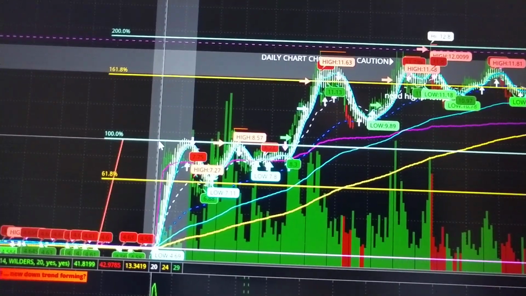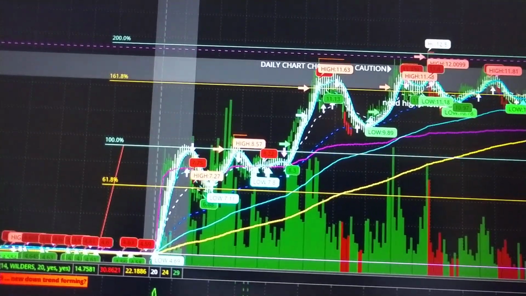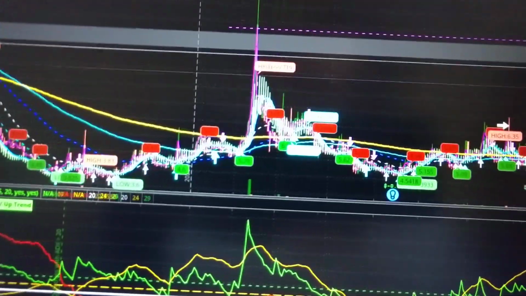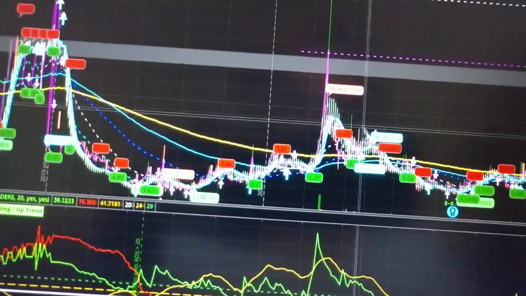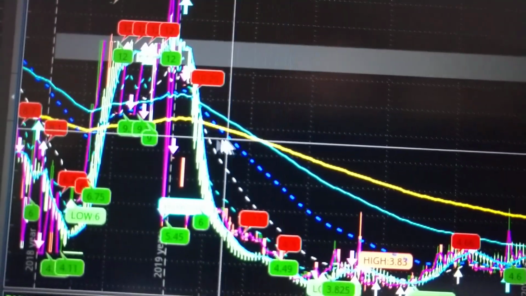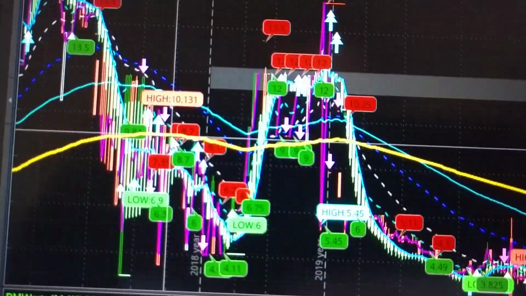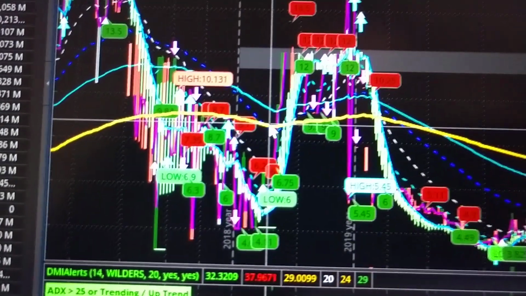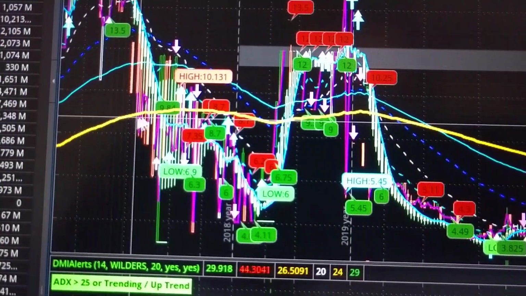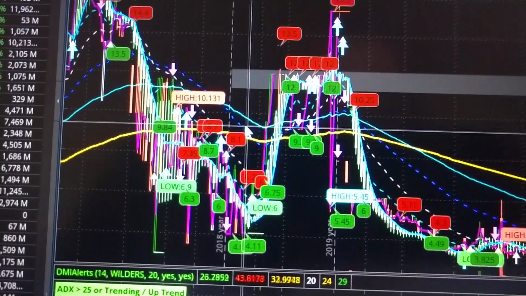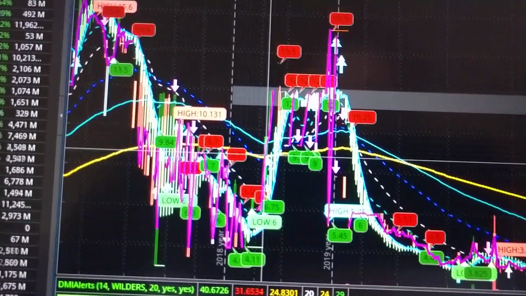That 868 or whatever level it was, go to my daily 868. See, we were in a big void, but if you follow that all the way to the left, where's that level? All the way to the left, look what you're getting into. 868 was where, right here, it's where the yellow 200 EMA kind of flattened out, and here the 50 EMA crisscrossed.